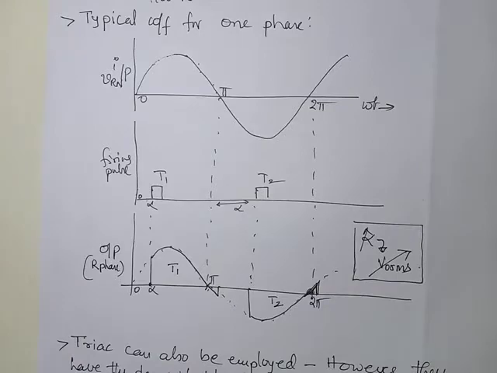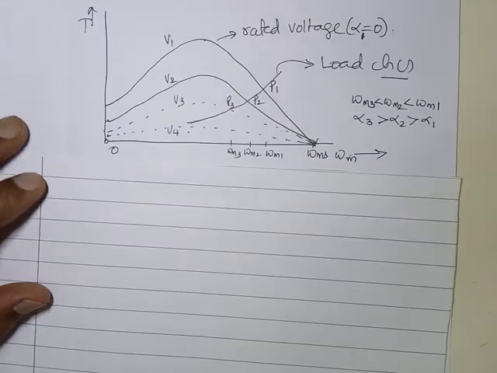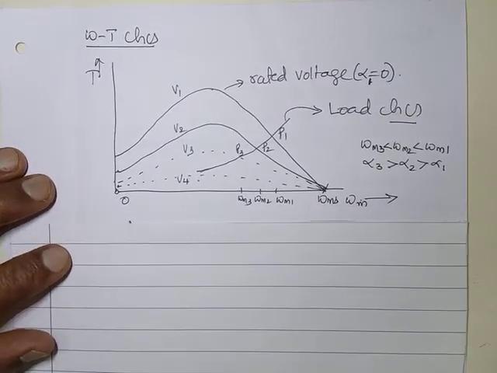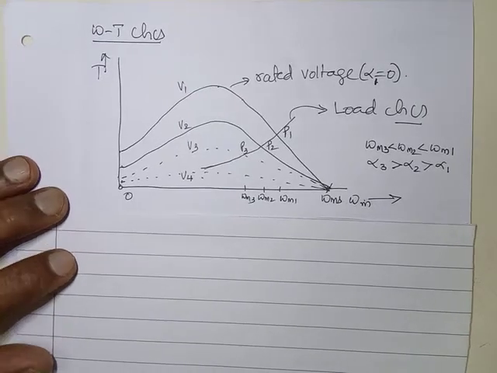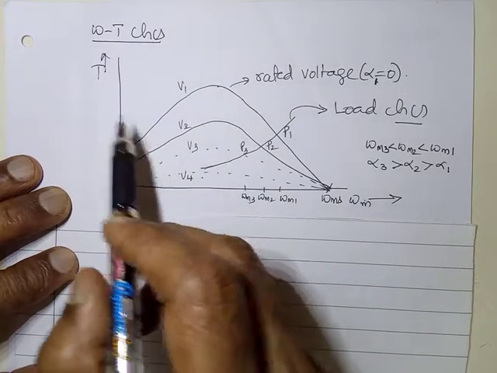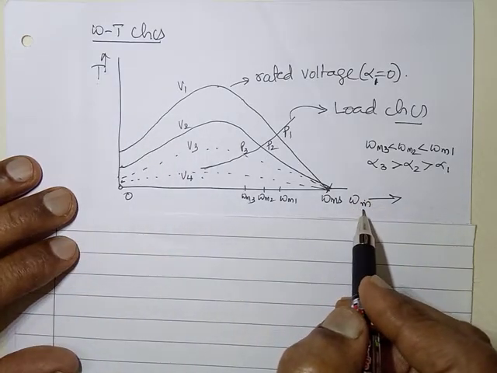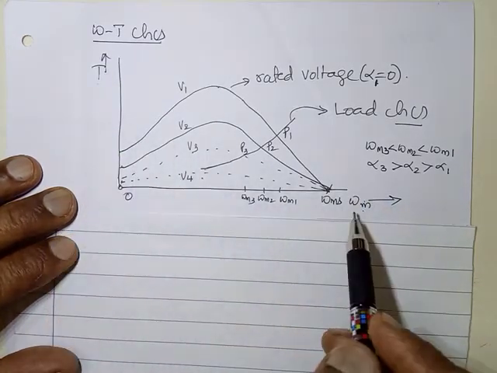Now when the motor voltage is changing like this, it will result in a change in the speed. How does that happen? Look here. The omega-T characteristics of the motor, three-phase induction motor. So I have shown torque, I have shown the speed, the omega-T plane.